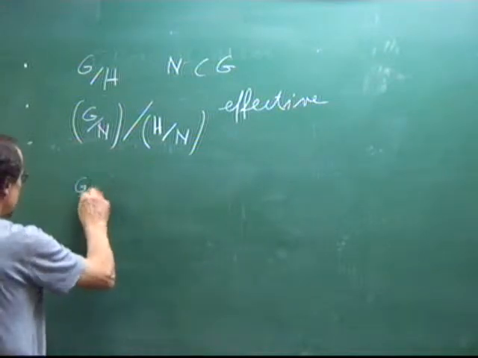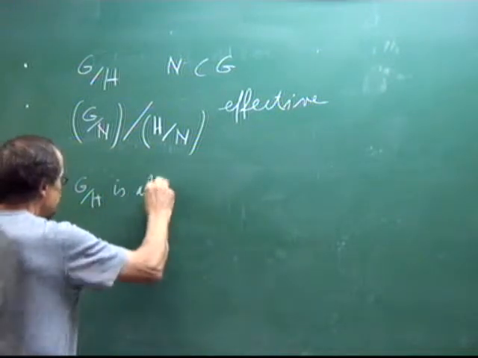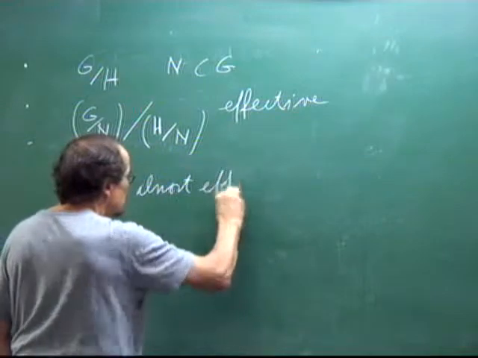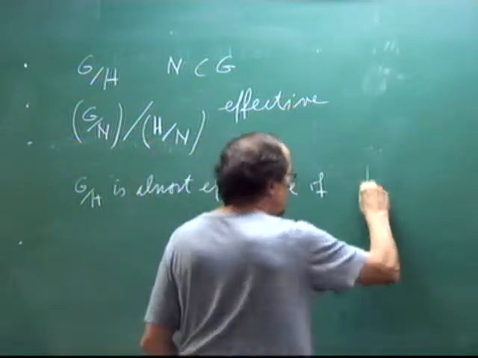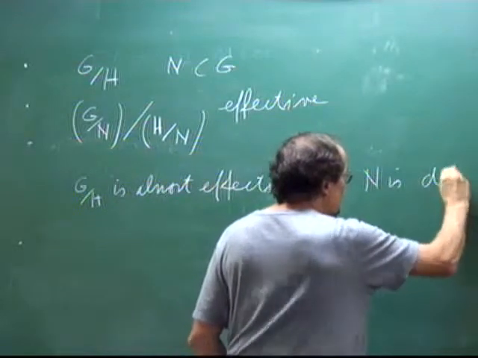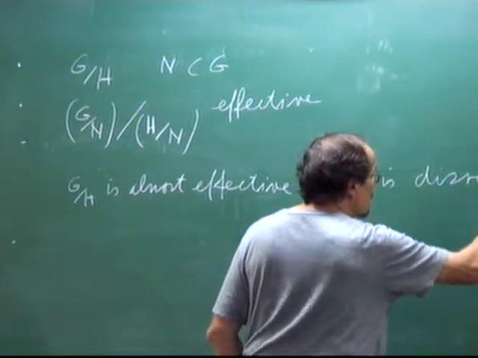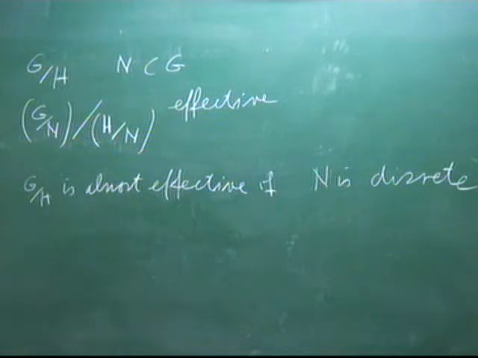Namely, I say that G mod H is almost effective if N is discrete. So it has trivial Lie algebra. If N is discrete, I say it's almost effective.